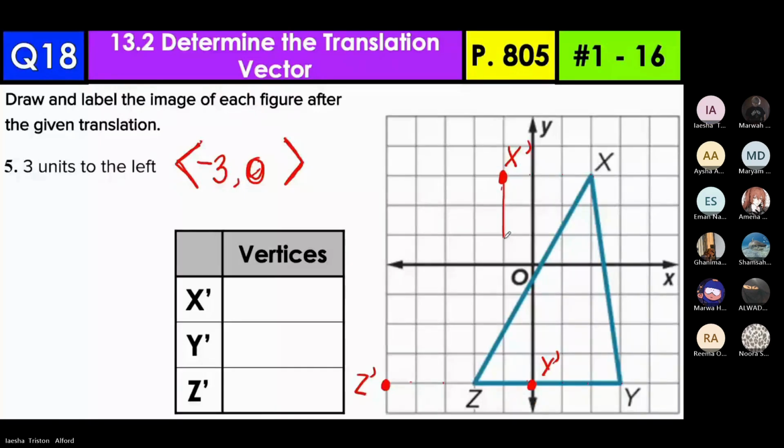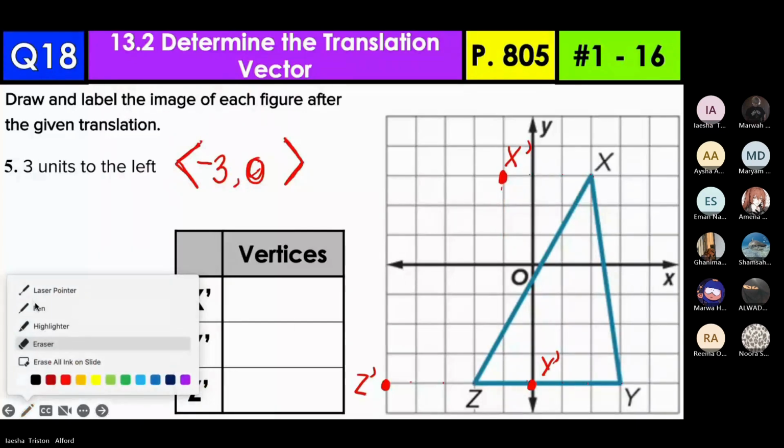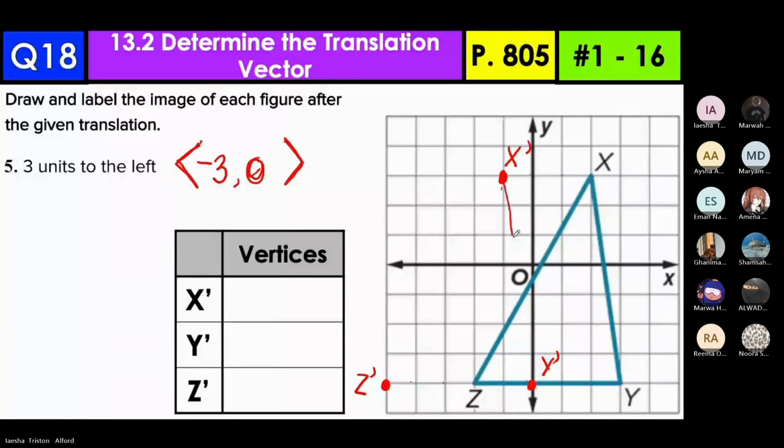So the new one is here. When you draw the new one, make sure you put the prime. Then, where is x prime? -1, +3.